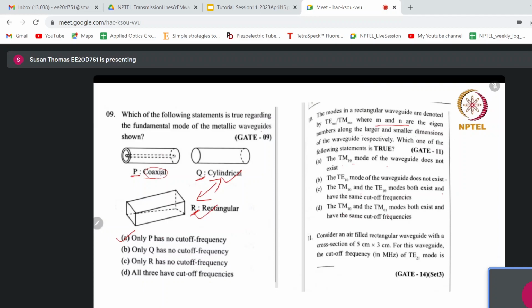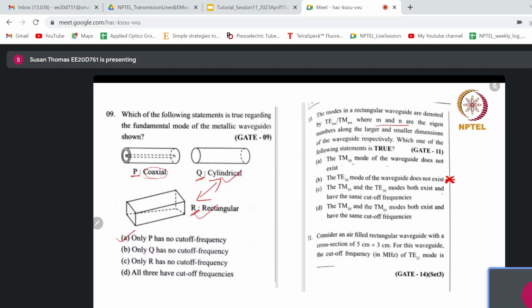so this second statement is very evident. TE10 mode does not exist. This is not a true statement. Okay. There is TE10 mode that exists and that we call it as a dominant mode. That is very clear, so this is not the answer.